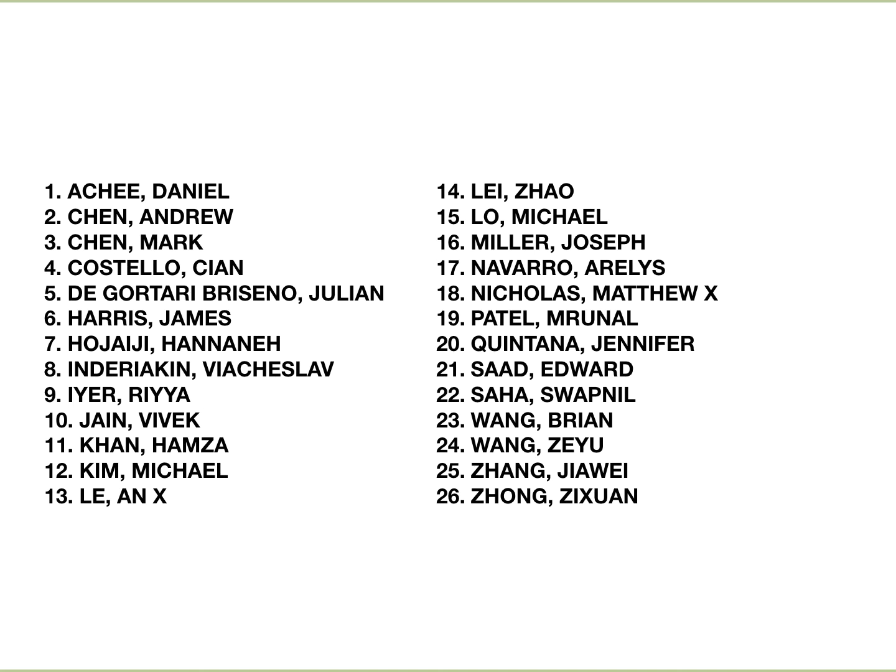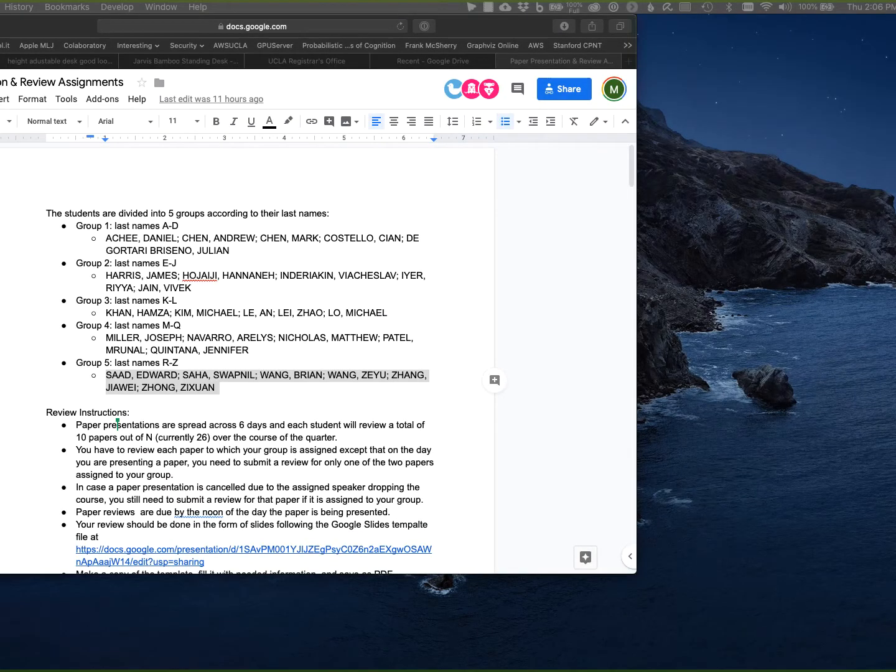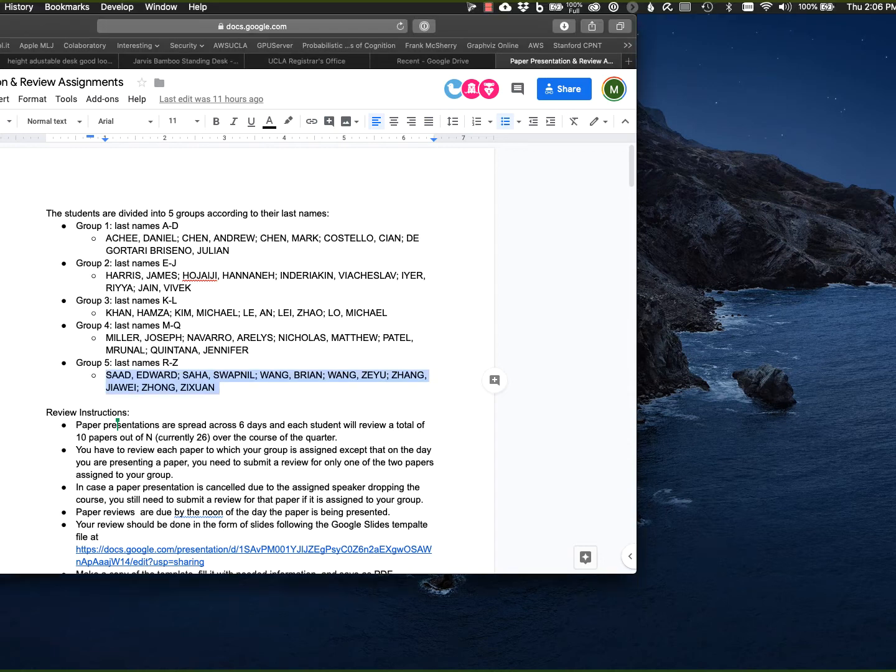Who's not on this? But in any case, it sounds like we may end up with 1 less paper than what's out here. So this was with 26. It seems like at least 2 people are no longer in the class, but we have 1 addition. So we'll adjust that. For a week from now, I just want to make sure that we are okay for the very first one.